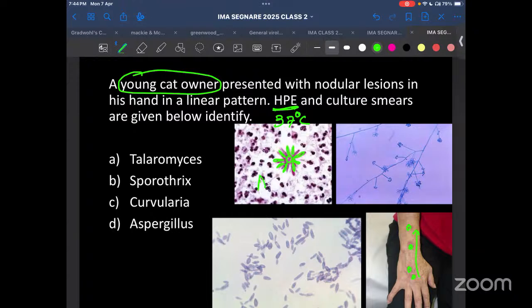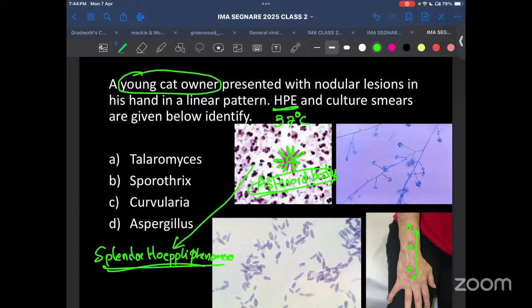So we call it an asteroid body, and this phenomenon of formation of asteroid body is known as the Splendor-Hipley phenomenon.